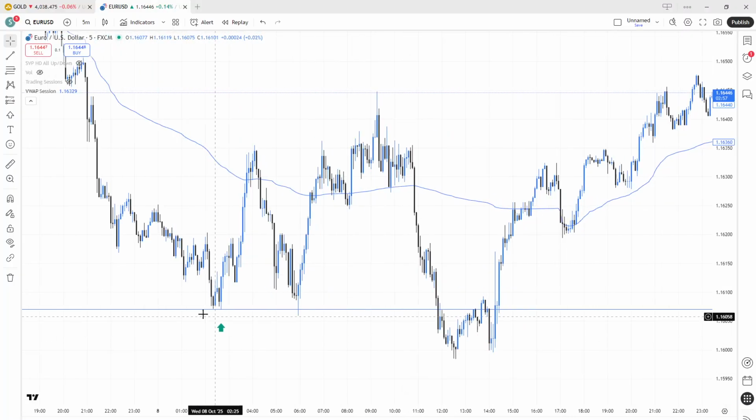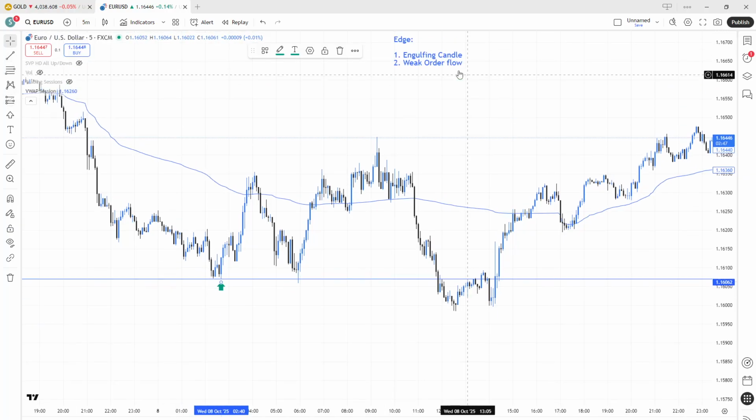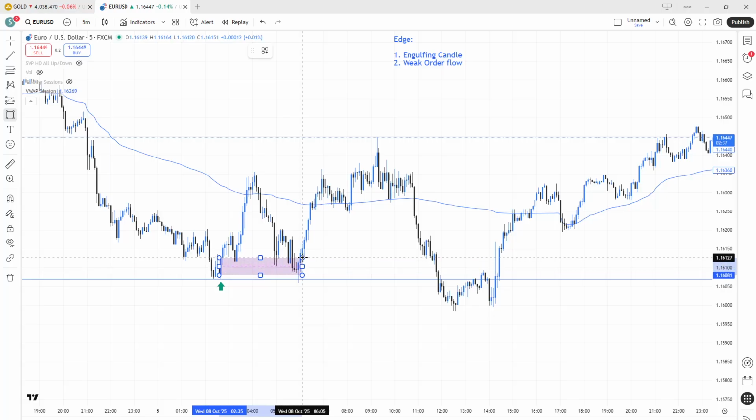Price tapped that previous low and gave that reaction. I'm just going to go with the engulfing candle first, and then after that we have this area marked up.